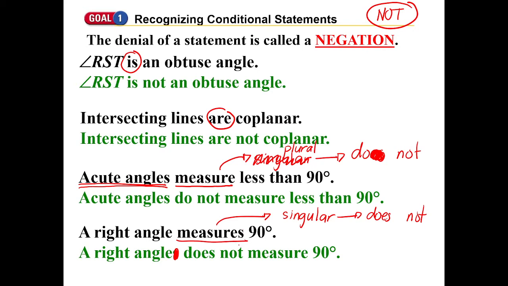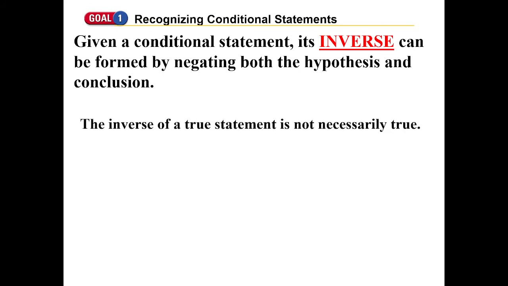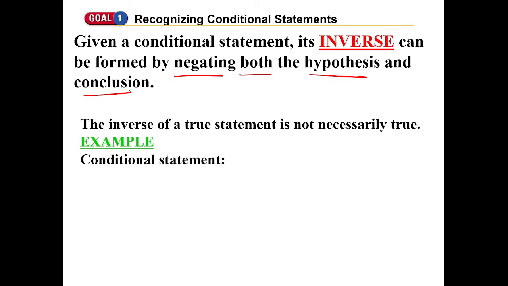Okay? Now, let's continue with inverse. So, the inverse is so simple. Butangan ug not ang hypothesis, butangan ug not ang conclusion. Atong i-negate both hypothesis and conclusion. There you go. Example.